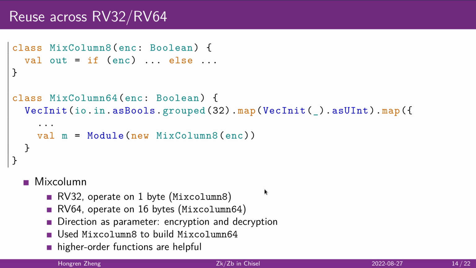We can note that the mix column module is different for 32 bits and 64 bits, but we can reuse them. For example, we can reuse mix column 8 in mix column 64. In RV32, mix column 8 operates on 1 byte, but in RV64 it operates on 16 bytes. So we can just instantiate 16 mix column 8 modules.